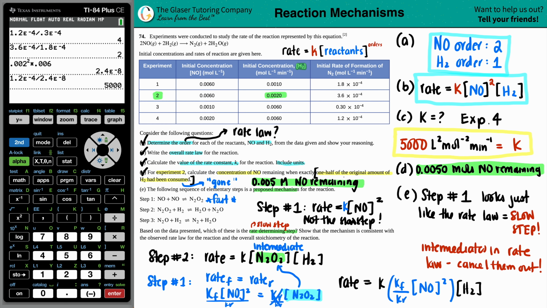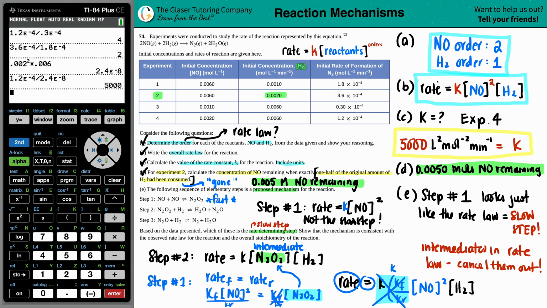Now all of these 3 K values, the K, the K forward and the K reverse, are all just going to be multiplied and turned into one big K value. So for our simplicity purposes, we can just say that this will all get canceled out into just one big K value. And because of that, maybe I could just get rid of this parenthesis right here. And now let's see if it matches.